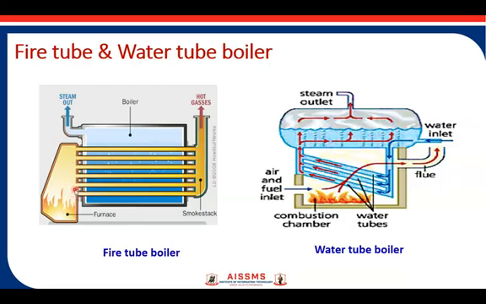When the flue gases are passing through these tubes, the heat energy from these flue gases will be transferred to the water, and water will be converted into steam. The steam will occupy the space on the top side inside the boiler, and from the steam outlet we can take it out for further application.